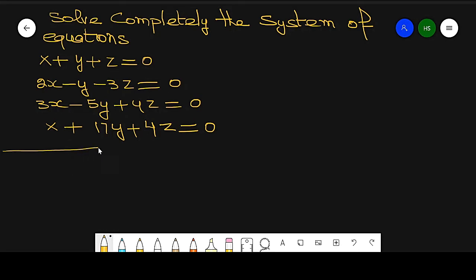So this is a system of equations. My aim is to solve the system of equations.